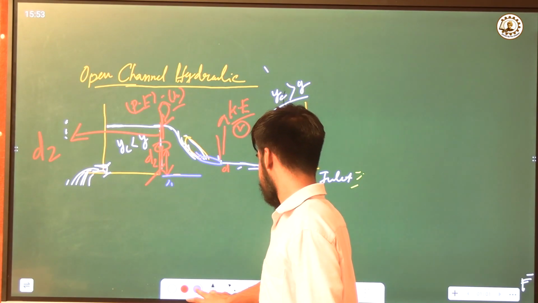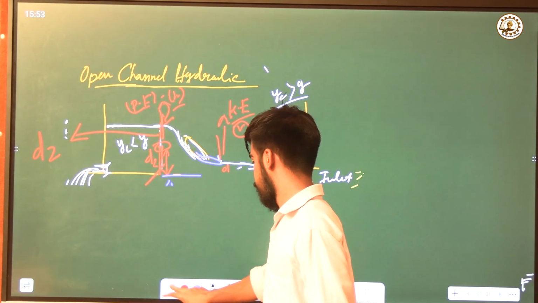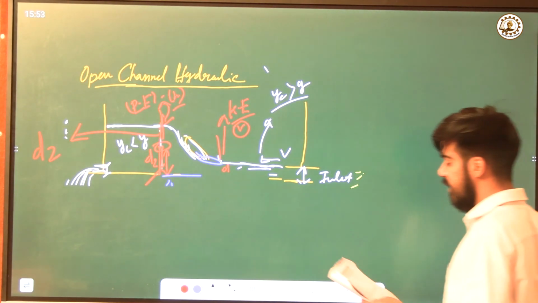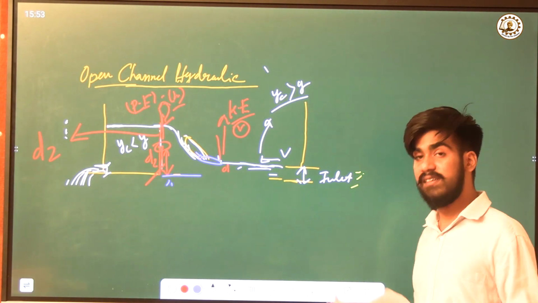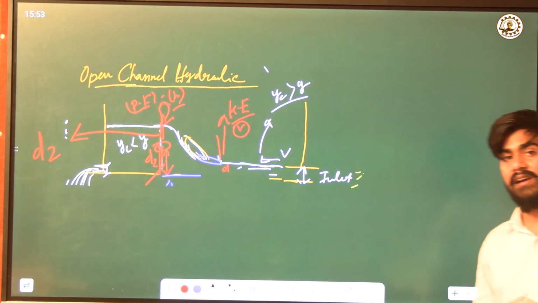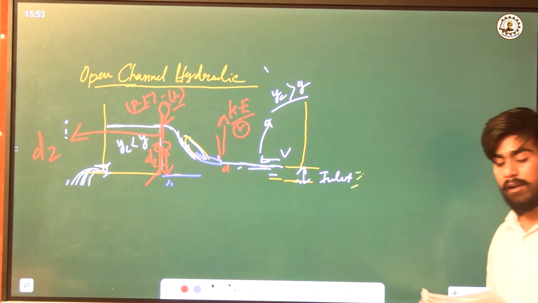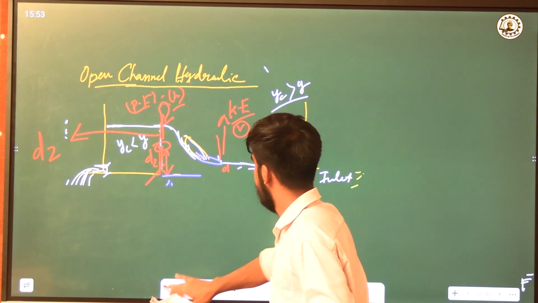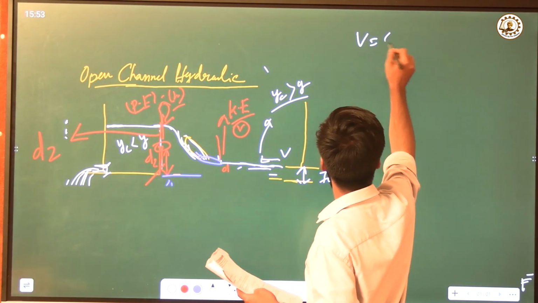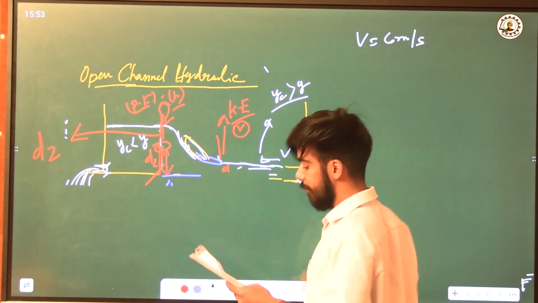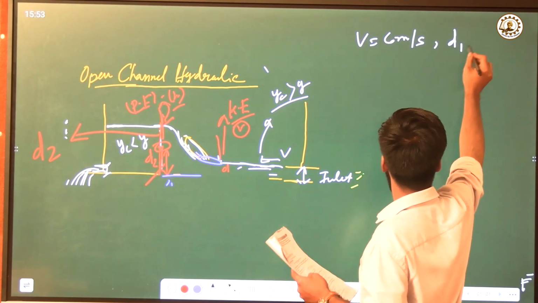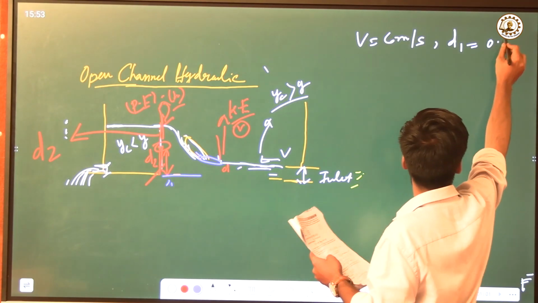Now, the mathematical problem says a sluice gate discharges water into a horizontal rectangular channel with a velocity of 6 meters per second. The depth of the flow D1 equals 0.4 meter.